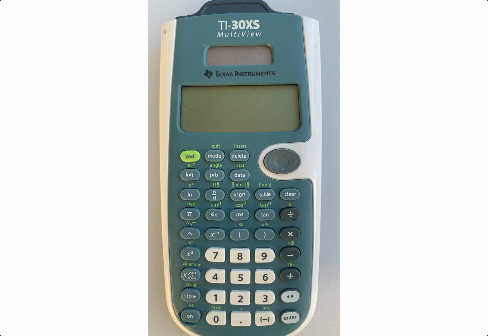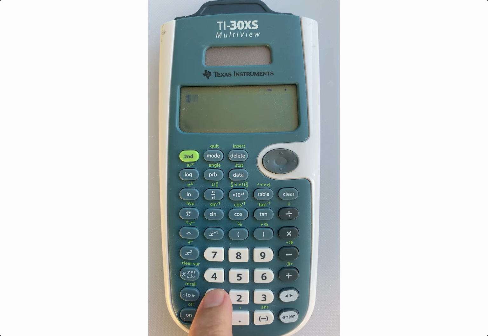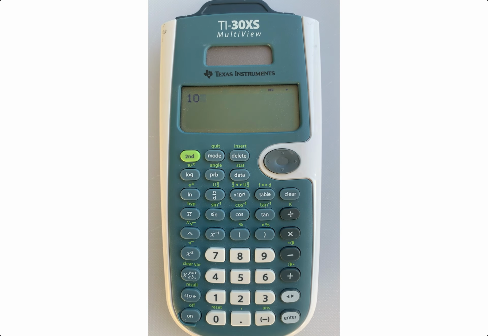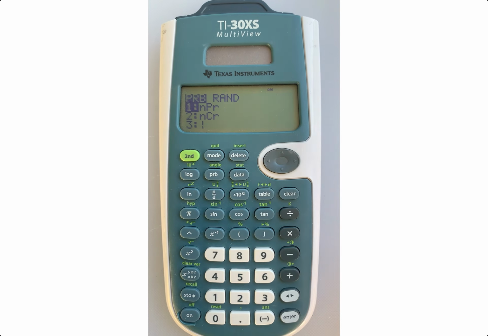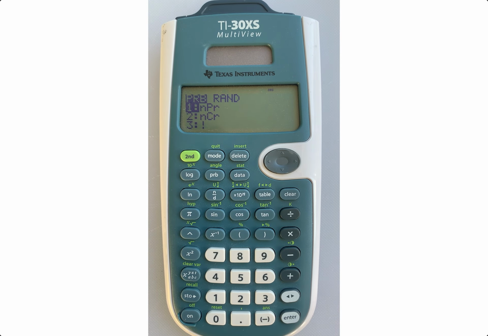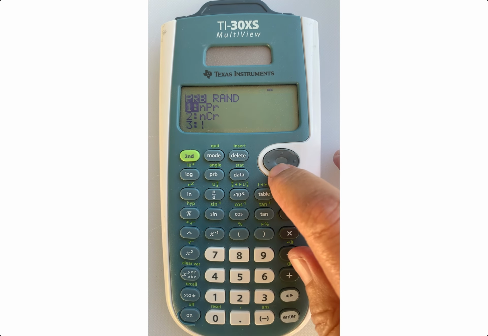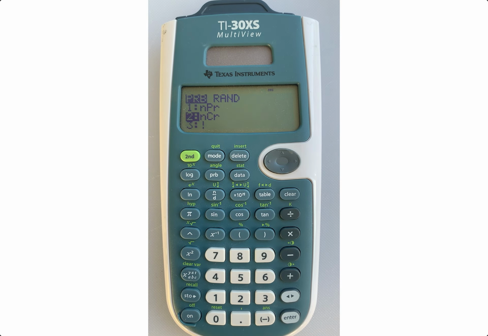Here we go with calculating. First, I'm going to make sure my calculator is turned on. Then I put in the 10. Then we go to the PRB menu. I'm going to use my down arrow so that nCr is selected.